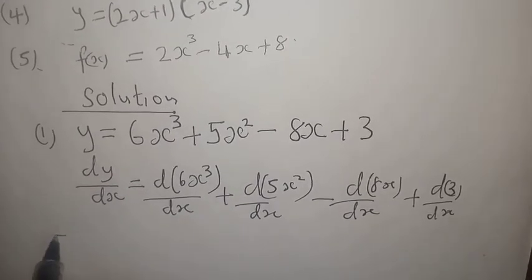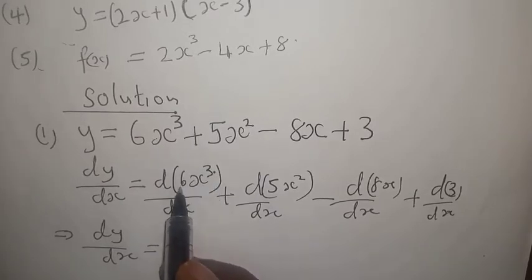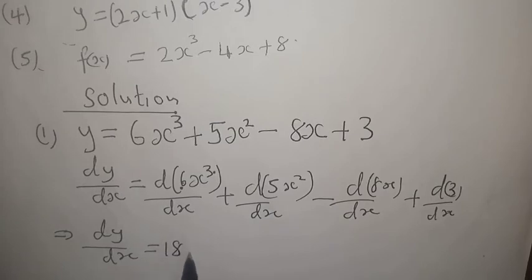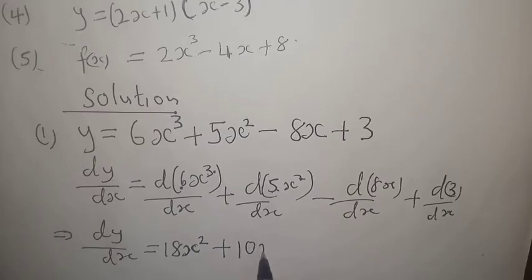This implies that our dy/dx is equal to what? 3 times 6, that is 18x, then you subtract 1 from the power. 3 minus 1 is 2, plus we have, this is squared, 5 times 2, 10x.